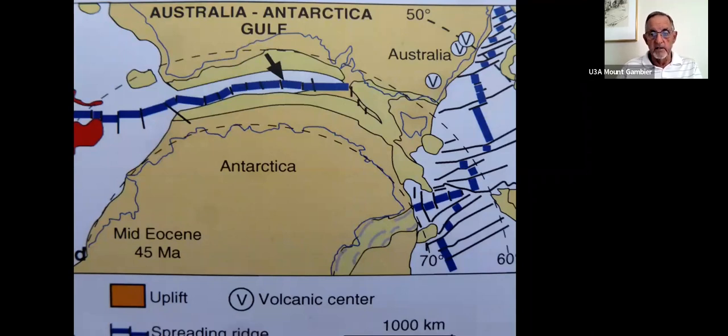The failed rift that goes through Bass Strait is, of course, responsible for various basins like our Bass Basin or our Torquay Basin, Gippsland Basin, which is where our petroleum supplies are located.